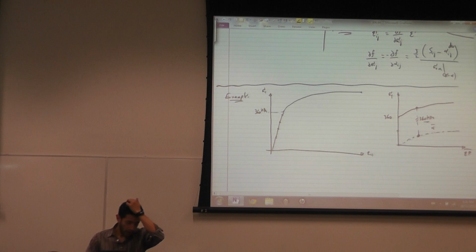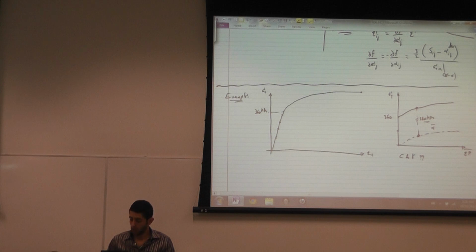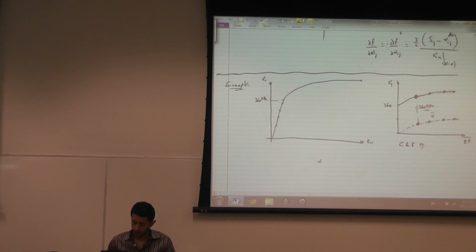The first thing is we need to find the values of C and gamma to fit this curve. You find this curve by drawing sigma yield versus epsilon p and subtracting 360 from each value of sigma yield to get the corresponding value of alpha. So now I have data alpha versus epsilon p.